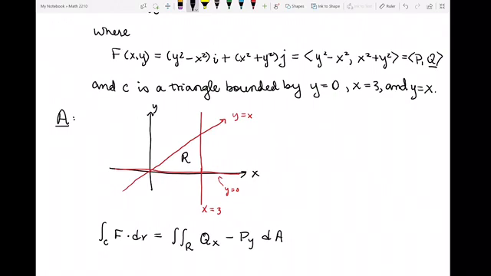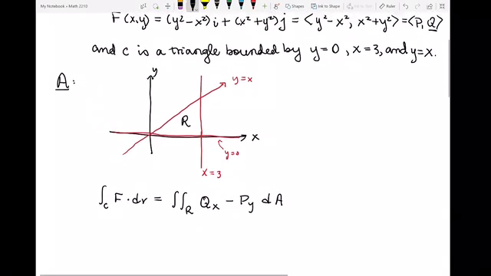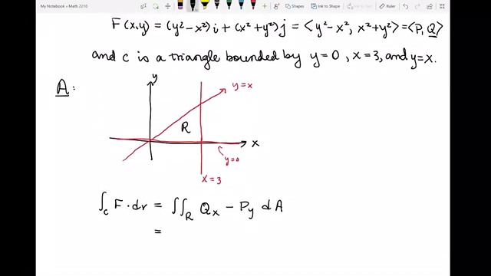Okay, so let's do this for our vector field F that they give us. We know that for the second component, we're going to take its x derivative. So that will be this guy's x derivative, 2x. We will subtract from that the first component's derivative with respect to y, so 2y. And now we have to decide what order we're going to integrate in. So I'm going to go first with respect to y, and then with respect to x.